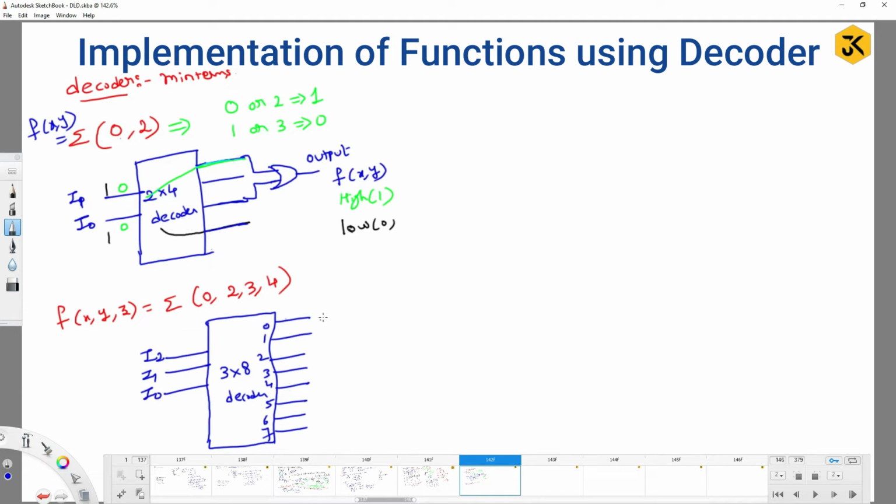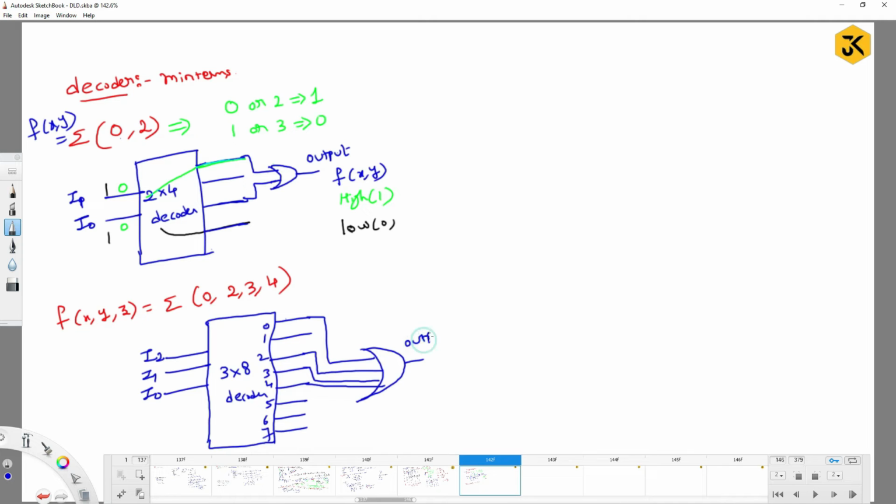Either at 0, 2, 3 or 4, and in all the remaining cases the output is 0. So you have the output in terms of f of x, y, z. This is the way you can use the decoders.